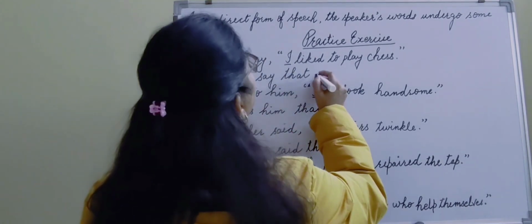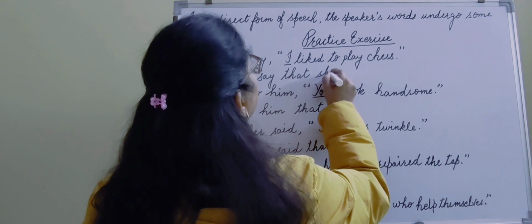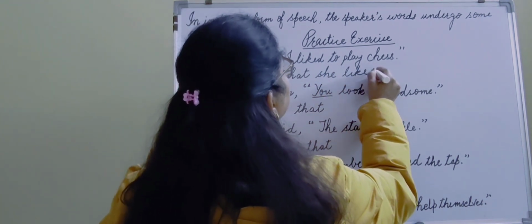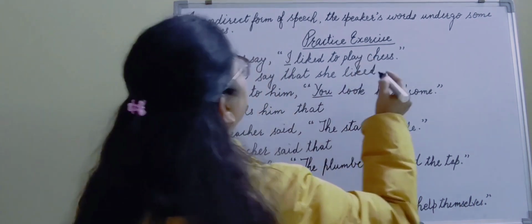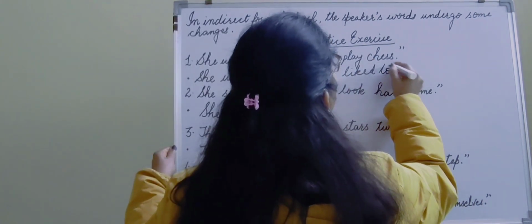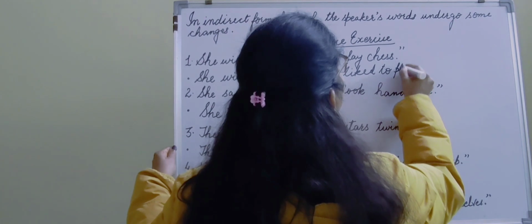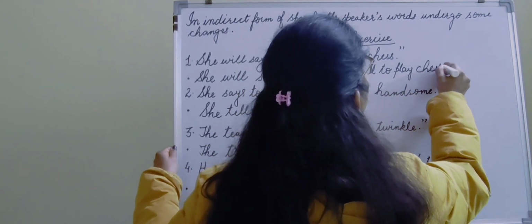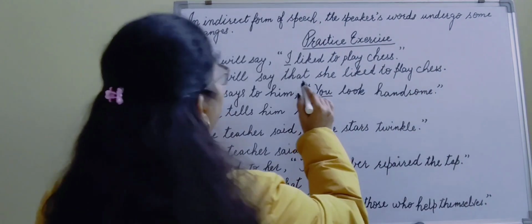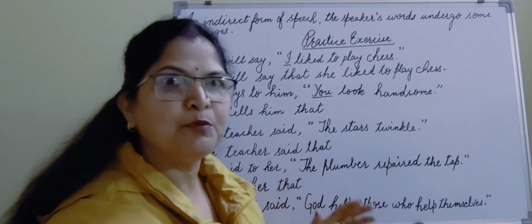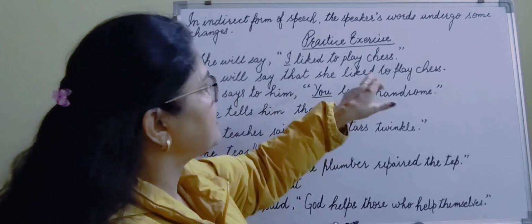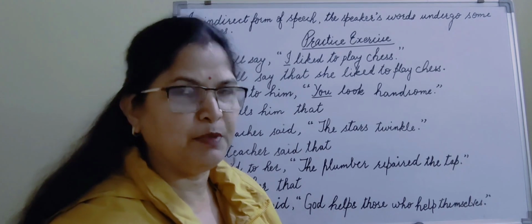That she liked to play chess. So, in this sentence, only the personal pronoun is being changed, but the tense remains the same. It was in simple past tense, so this remains in simple past tense.